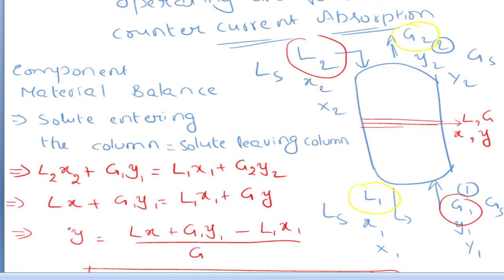This x2 is the mole fraction of component A, that is the solute, in this liquid. Suppose your solvent is pure, that means it doesn't contain any component A or any traces of component A in it. That means the mole fraction x2 becomes 0.